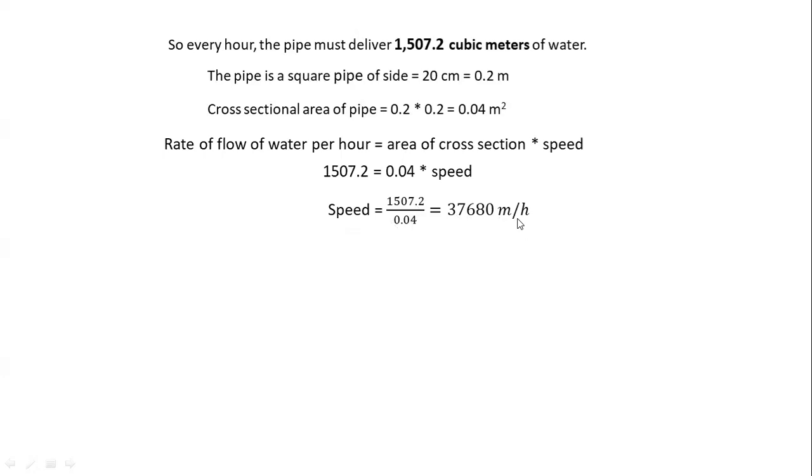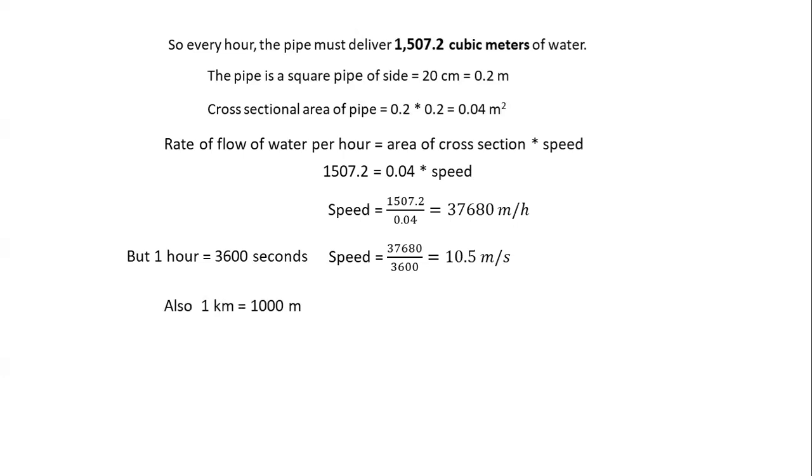This should be the speed at which water must be pumped into the reservoir. But we know that 1 hour is 3600 seconds. So if you calculate this speed in seconds, it will be 37,680 divided by 3,600, that is about 10.5 meters per second. Also, 1 kilometer is 1000 meters.